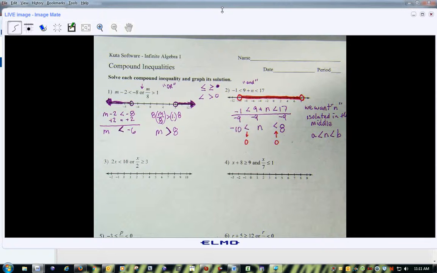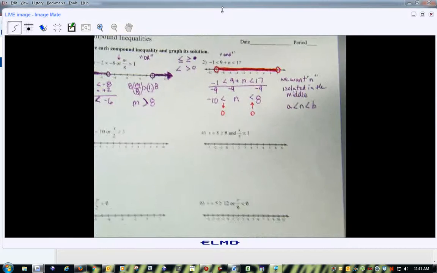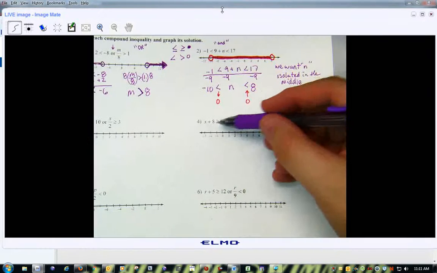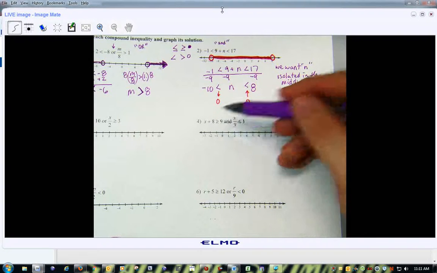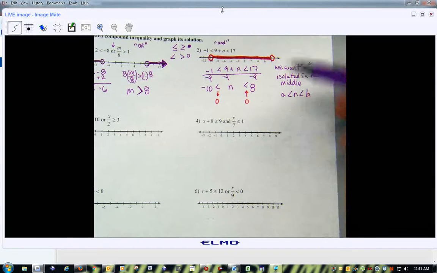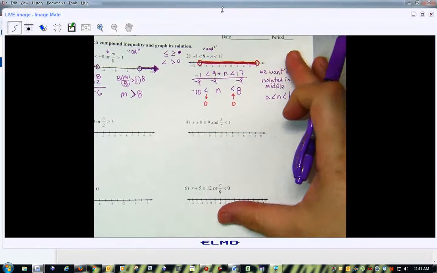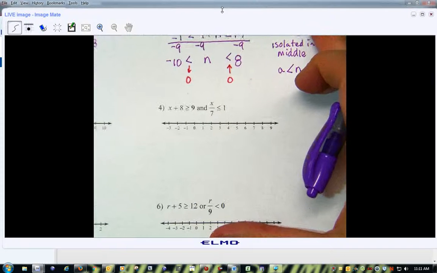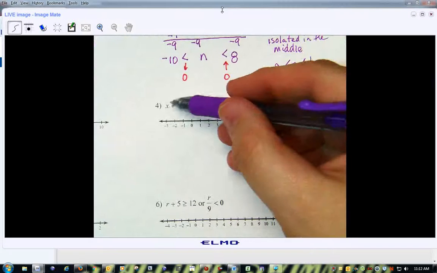Now, if we go down to number 4 here, and we have two inequalities. And it says we want this and we want this.